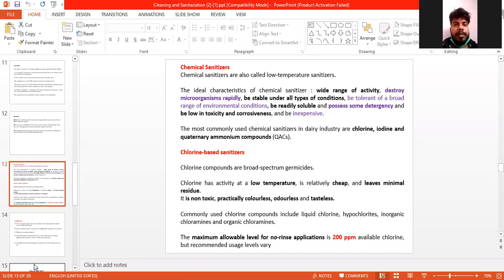It is also non-toxic, practically colorless, odorless, and tasteless, so any residues on the surface of the equipment cannot affect the product. The commonly used chlorine compounds are liquid chlorine, hypochlorites, inorganic chloramines, and organic chloramines. The maximum allowable level for no-rinse application is 200 ppm available chlorine, but recommended usage levels vary.